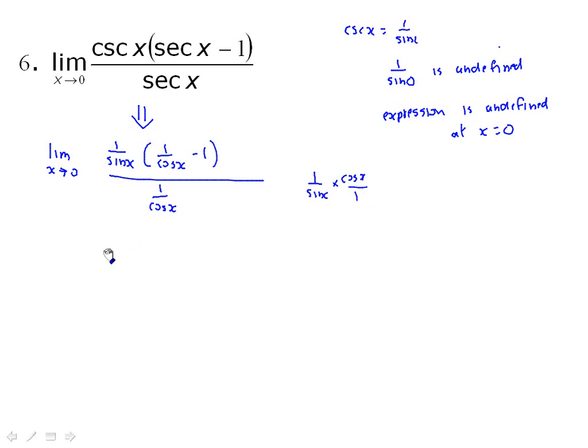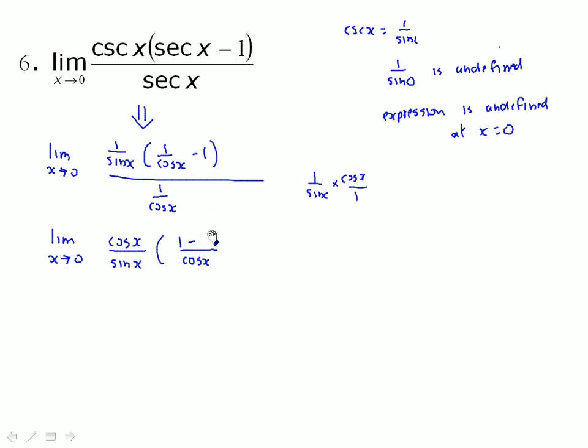And that's going to turn the expression into, getting rid of our big fraction, our complex fraction, cos x over sine x multiplied by that numerator. And then if we get a common denominator in there, although some of you wouldn't even bother, you would just distribute it in. That's fine.